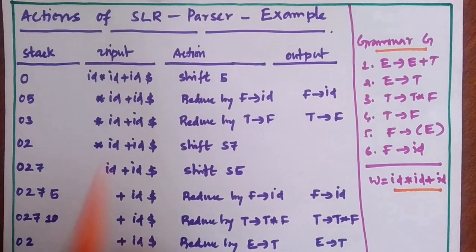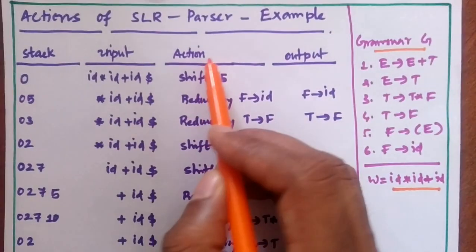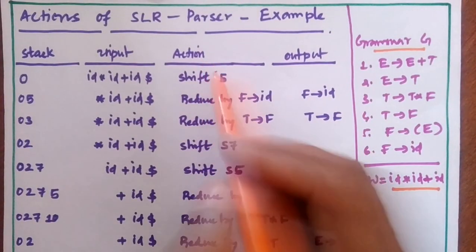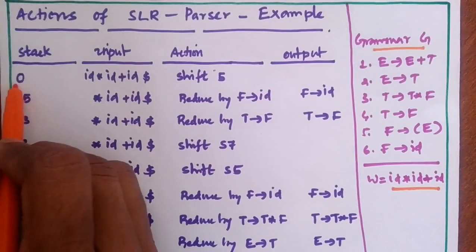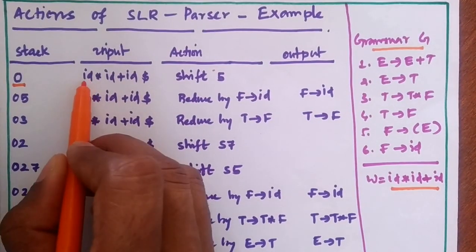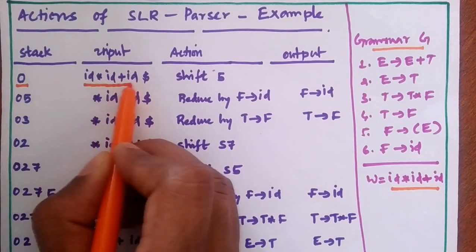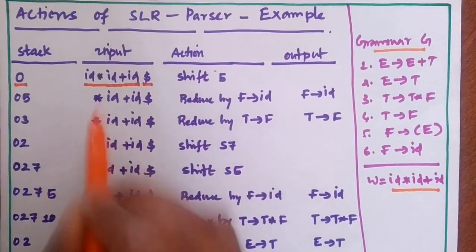The stack is the first column, the second column represents the input status, the third column gives the action performed by the LR parser, and the fourth column gives the output produced by the LR parser. Initially the stack contains state 0, and the input buffer contains the input id star id plus id, ending with a dollar symbol.